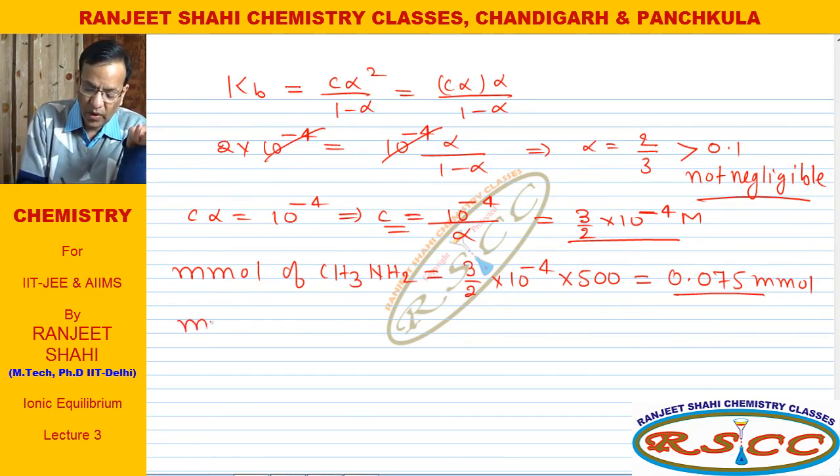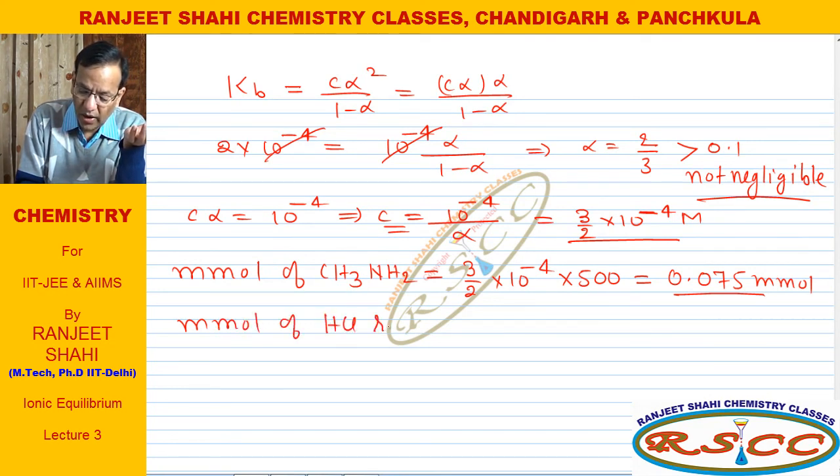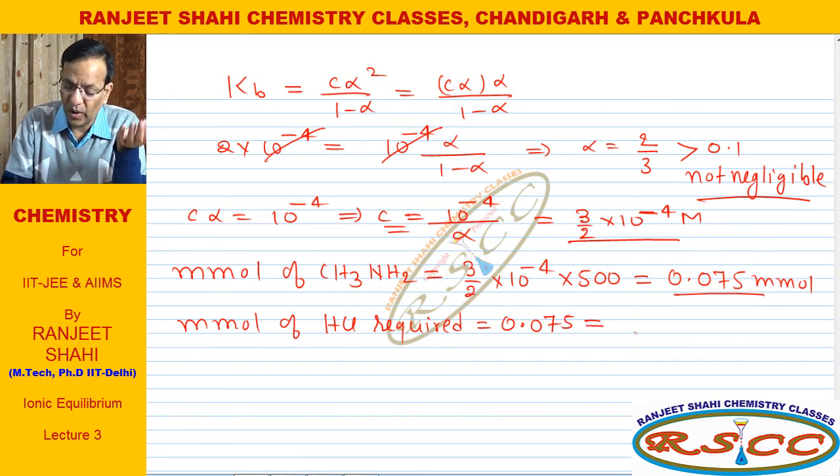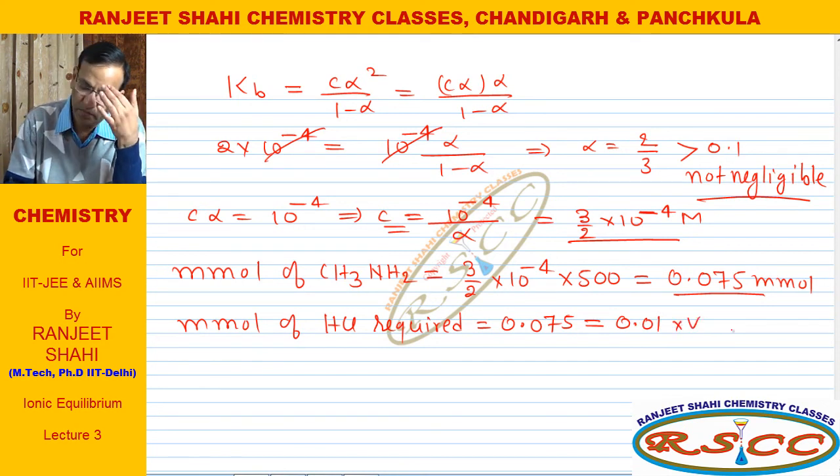So millimole of HCl required will be equal to 0.075, and that will be equal to its molarity 0.01 into volume.